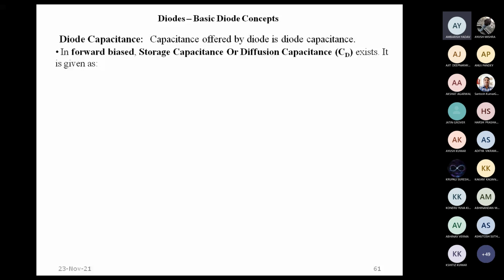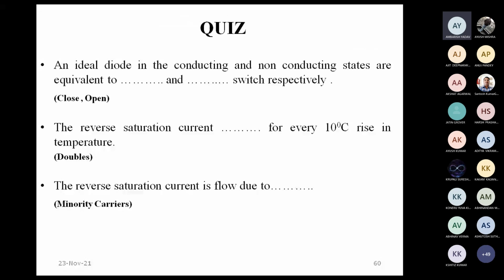Here, after defining the dynamic resistance and DC resistance, one more resistance is similar to the dynamic resistance, but that is for large signals. In the dynamic resistance, we assumed that the variation in VD is small.